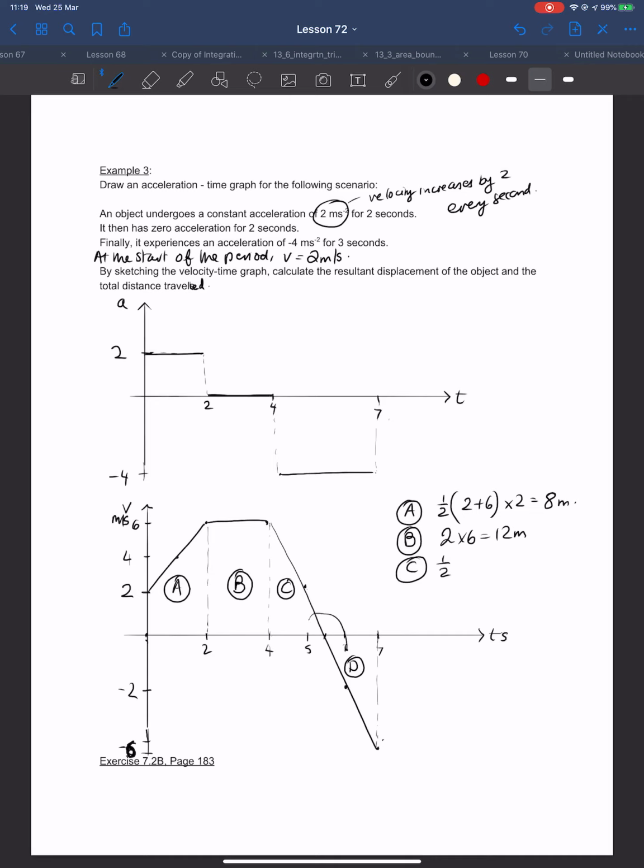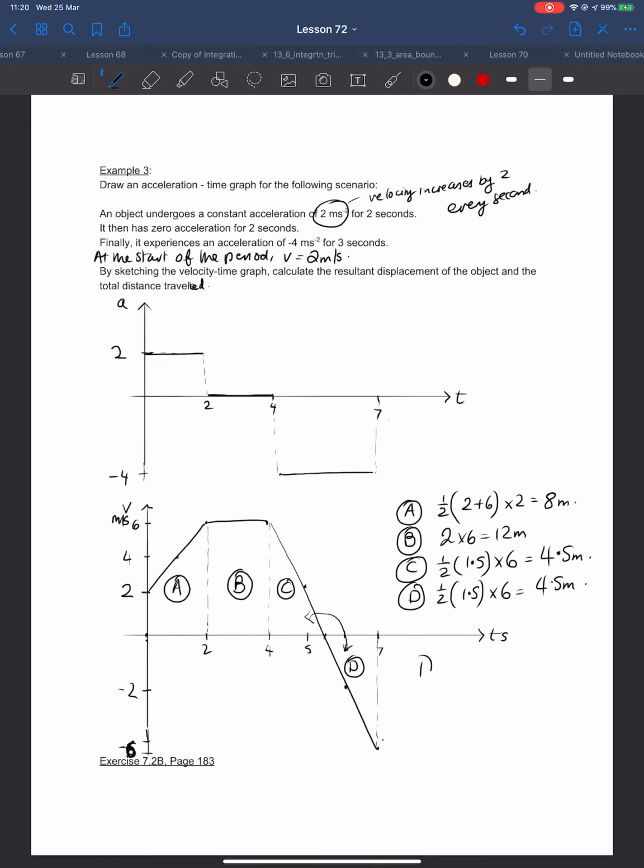So these two are actually symmetrical shapes. So it's half base times height, which is 6. That's 4.5 metres. And then D is also half of 1.5 times 6, which is 4.5 metres.